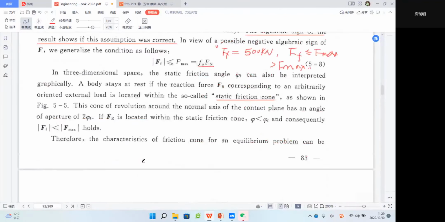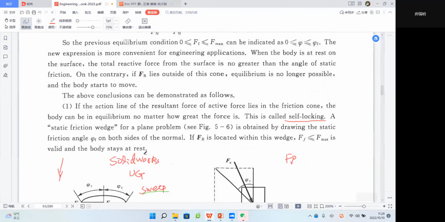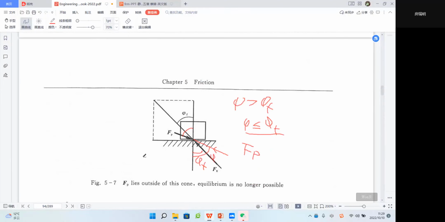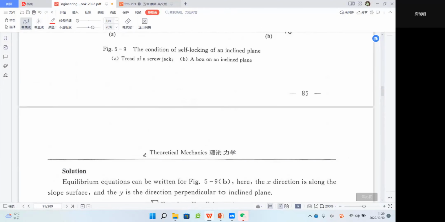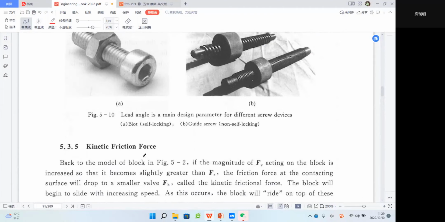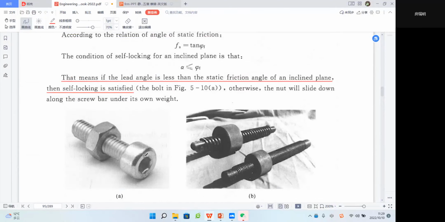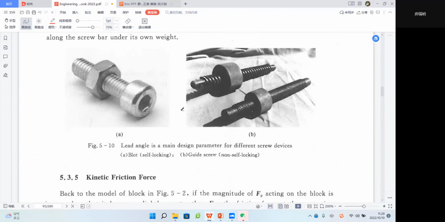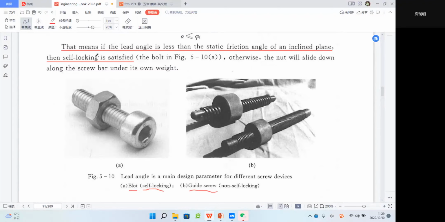And for the friction, I also have another concept. We also have two more pictures. One is the block, which is self-locking, and this gas screw is non-self-locking. Actually, it tells how to use so-called self-locking.